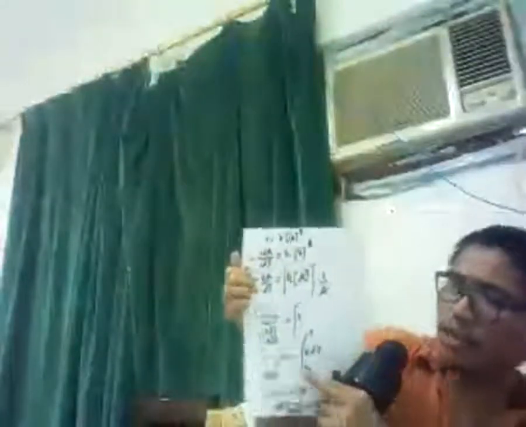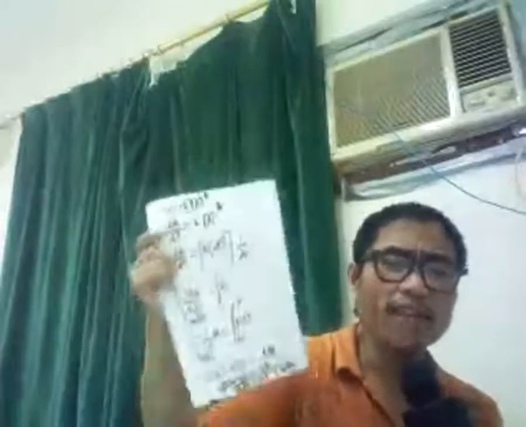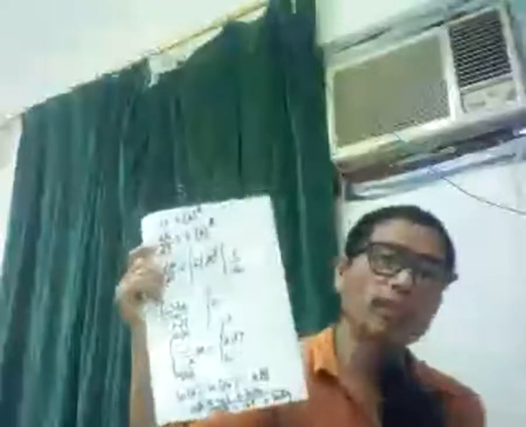So 1 over A is equal to negative KT plus 1 over AO. Now, if the A moves back to the numerator, it will become negative, so the rate will be negative.